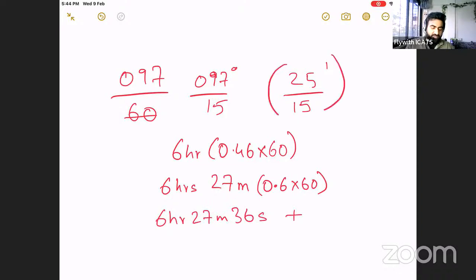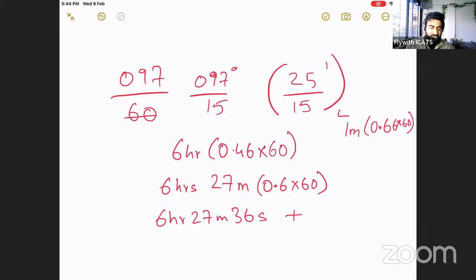If I'm solving this fraction, 25 divided by 15, I get 1 minute and 0.66, so 1.66 is what I'm getting here, students. So I'm going to do 0.66 into 60 to get my seconds.